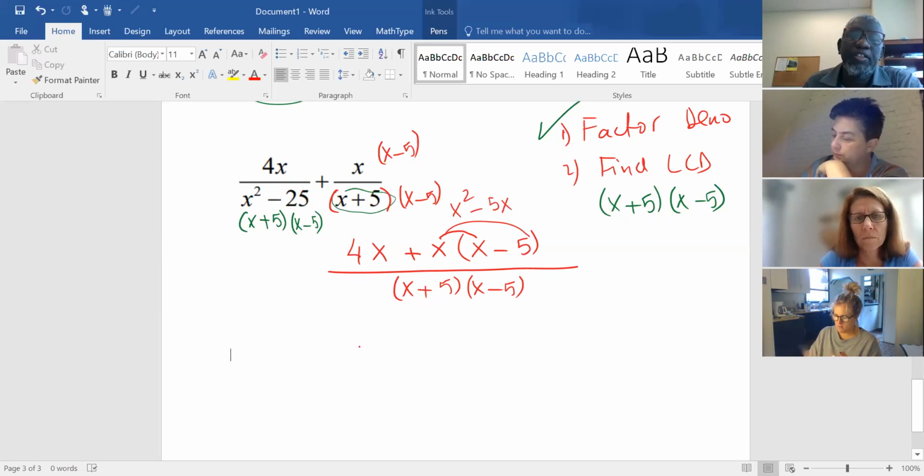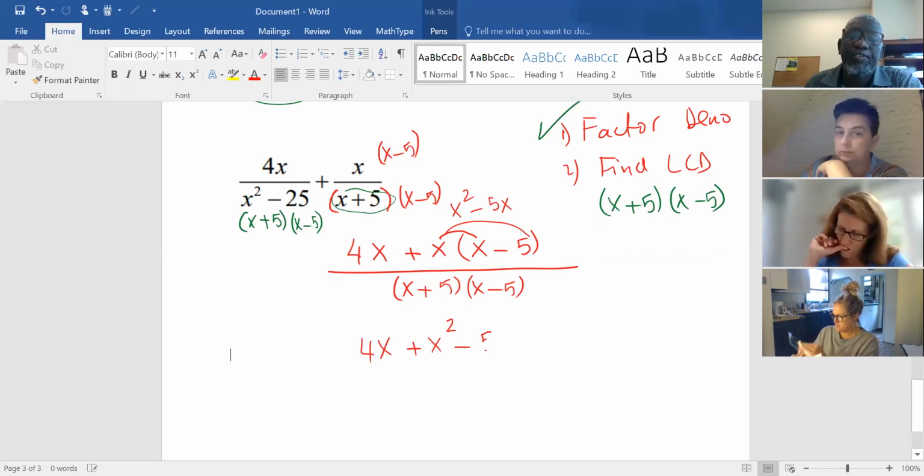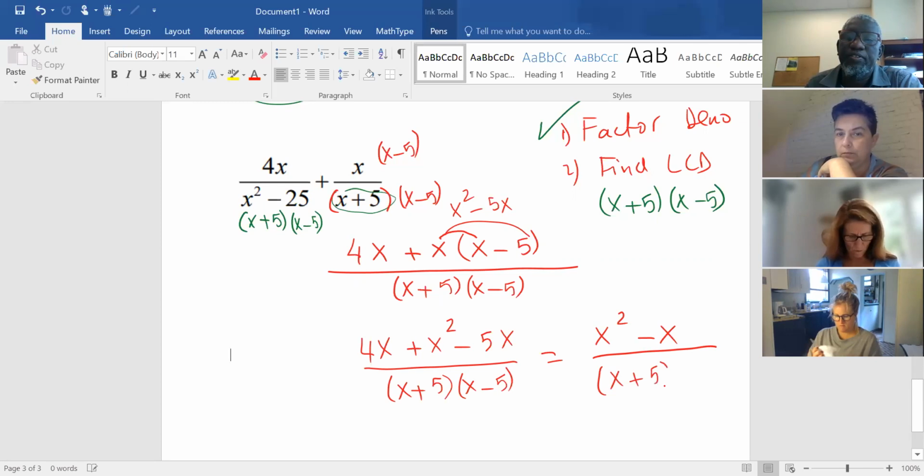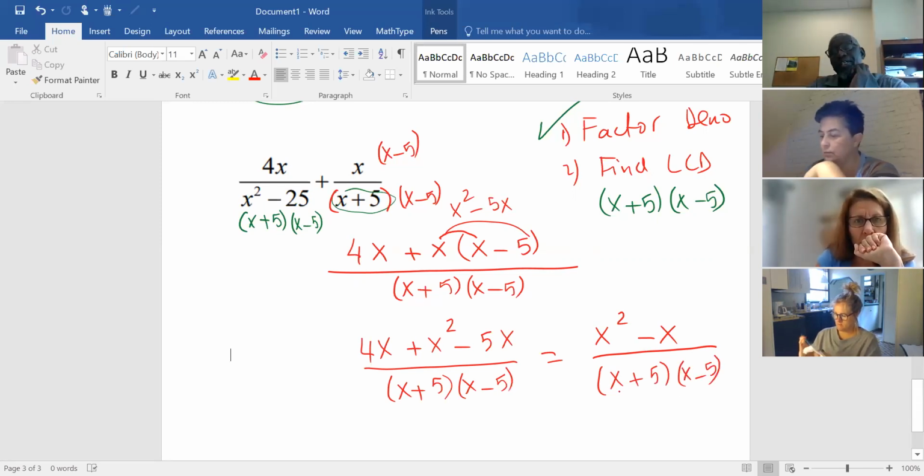So it's going to be 4x plus x squared minus 5x all over x plus 5, x minus 5, which is x squared minus x over x plus 5, x minus 5. And then we can stop right here.